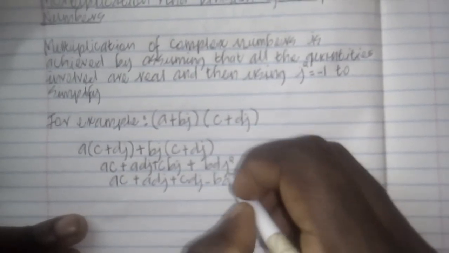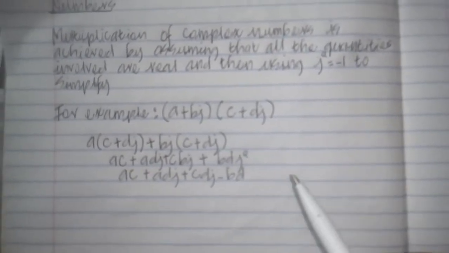Okay, since we know that j squared is minus 1, this will be ac plus adj plus cbj minus bd, because of this j squared, we all know that it is minus 1.